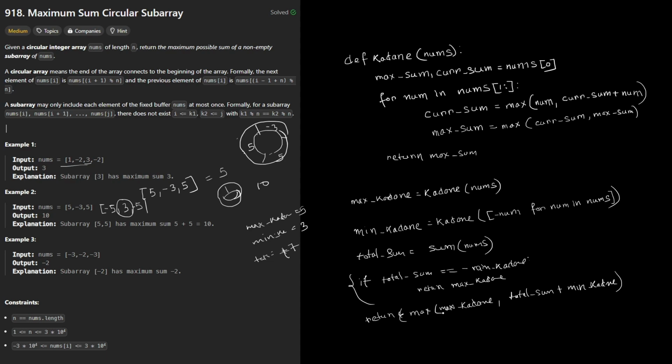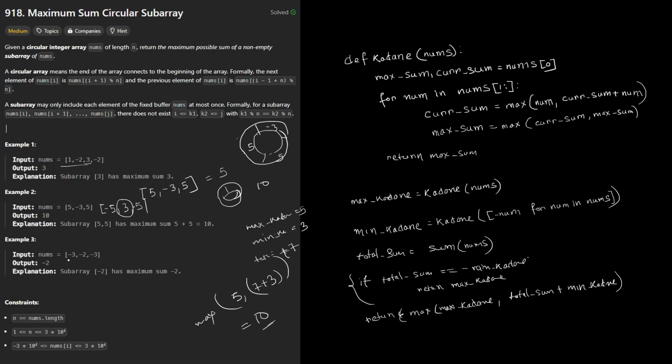So here the max of Kadane, the return would be 5 or 7 plus 3. So our value would be 10 maximum. So this would be the output for this case.